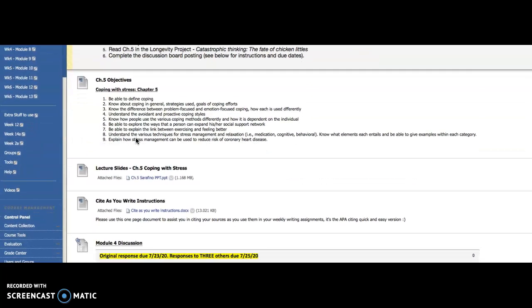So the objectives for Chapter 5 for Serafino and Smith are just first being able to define coping, what is it, knowing about it in general, as well as looking at some strategies that people use, good and bad, for coping, and what the goals of coping are.